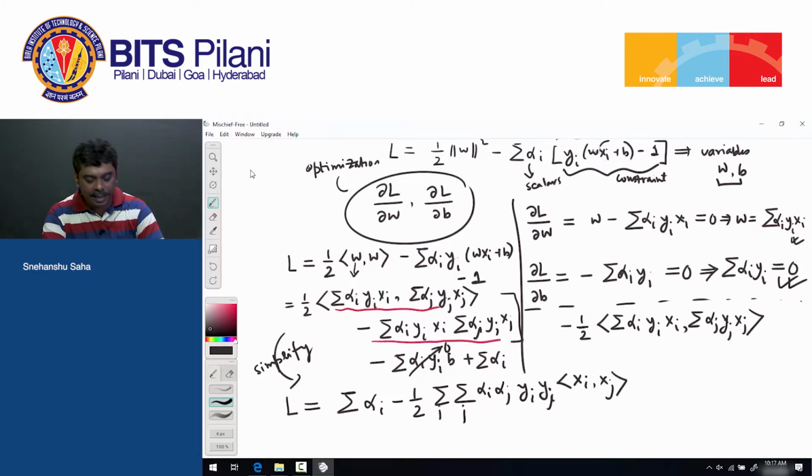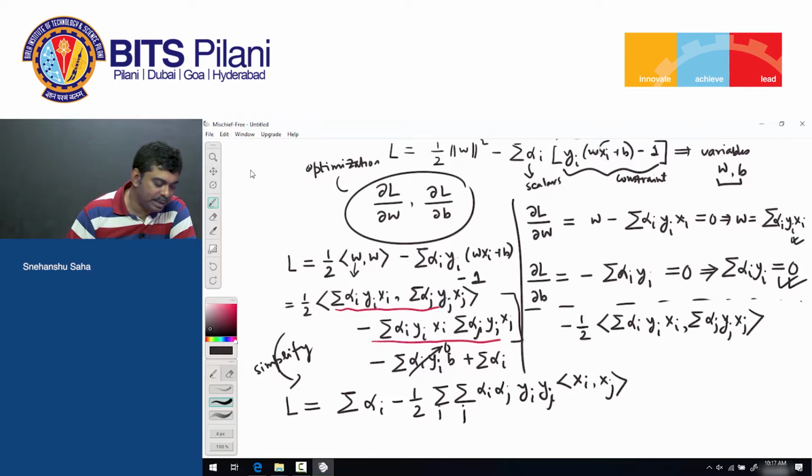Because in inner products we have this property: if you have scalars inside the inner products, you can pull the scalars out. So summation alpha i yi and summation alpha j yj are scalars. Pull those out and you are just left with the training examples. So what you see here is that this is nothing but a dual formulation of the primal problem. So this was the primal problem.